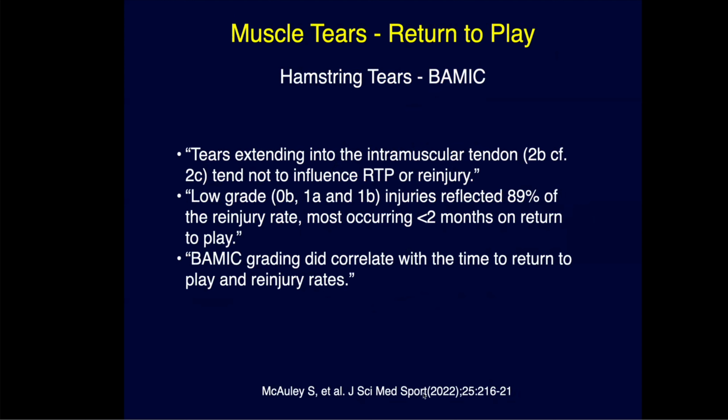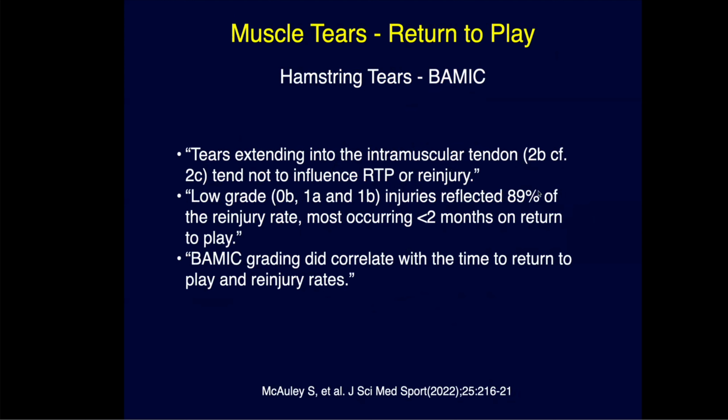And then here's an article from the journal Scandinavian Journal of Medicine and Science in Sports, where they also used the British classification, and they looked at tears that extended into the intramuscular tendon, and they found that they did not impact return to play or the re-injury rate.